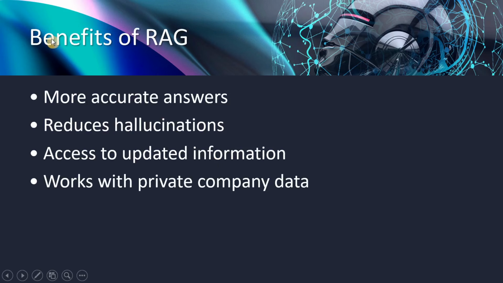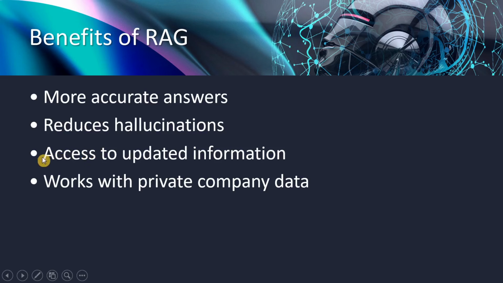All right, so the benefits of RAG: more accurate answers we have discussed, okay, because it will not hallucinate, and it will look into the internal database, so it will be able to give the accurate answer. Reduce hallucination, okay, we can control the hallucination. And access to updated information, as the LLM might be trained till 2025 or 2024.